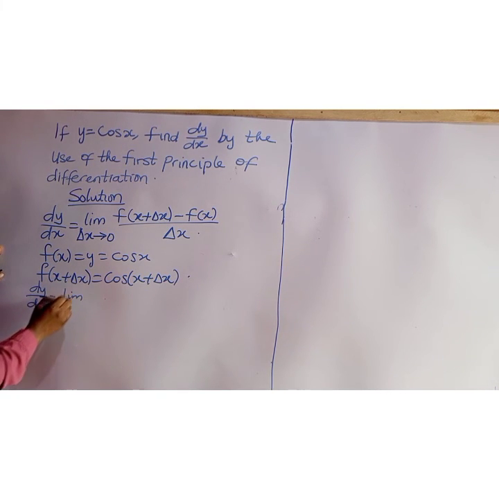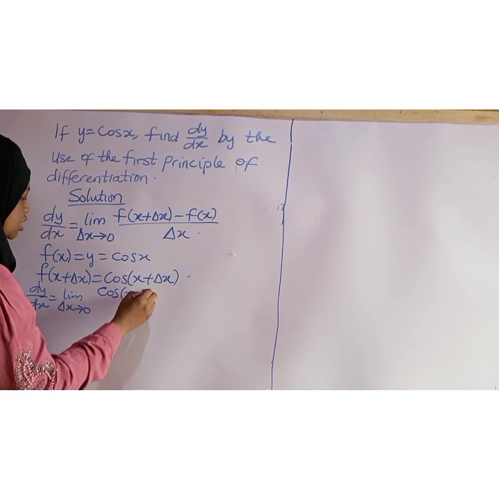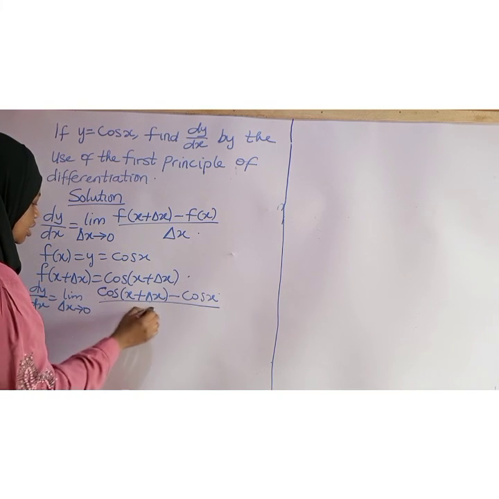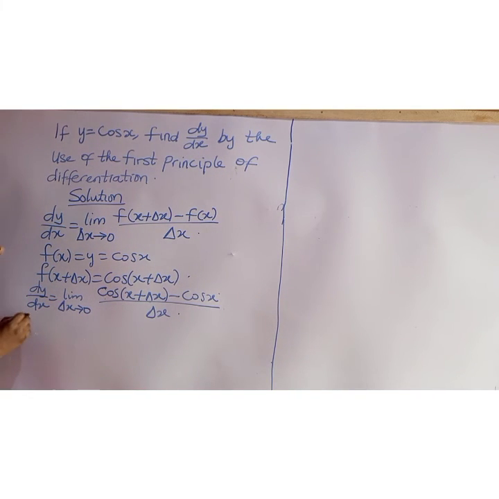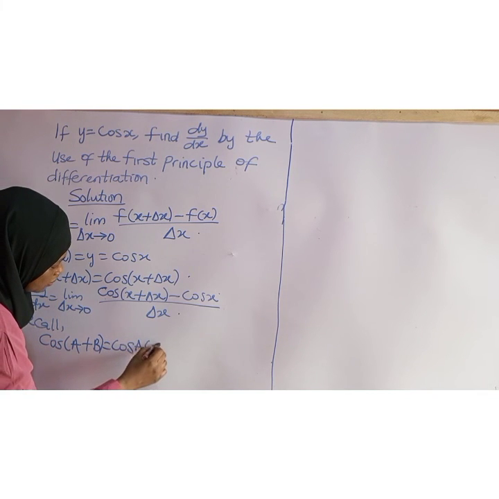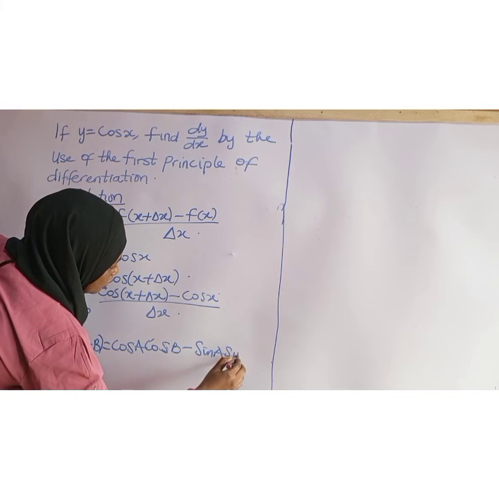The limit as change in x tends to 0 of cos of x plus change in x, minus cos x, divided by change in x. And recall, if you know trigonometry identities very well, you must be familiar with this: cos of a plus b is equal to cos a cos b minus sine a sine b.